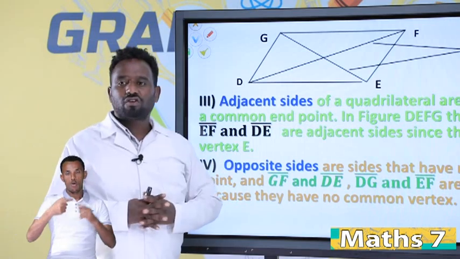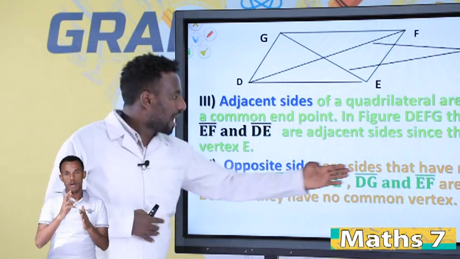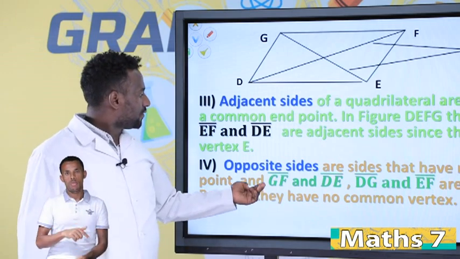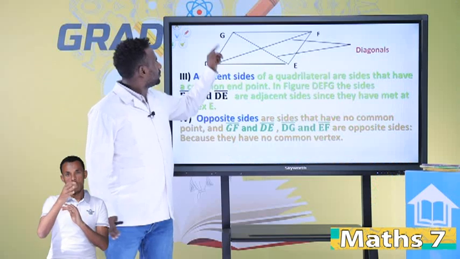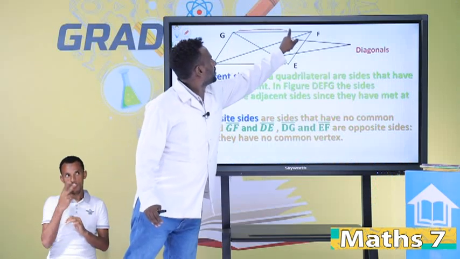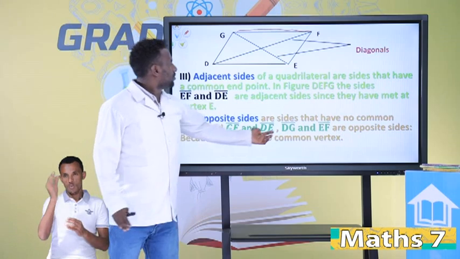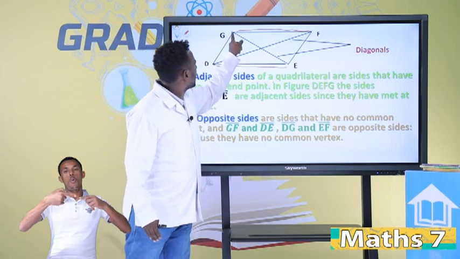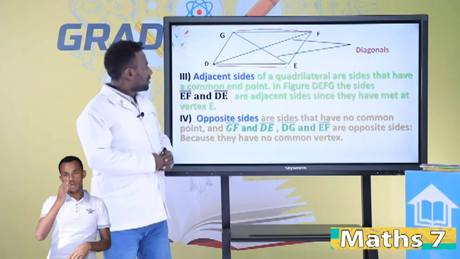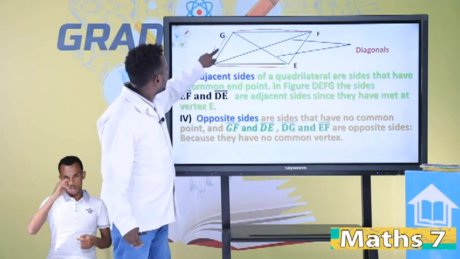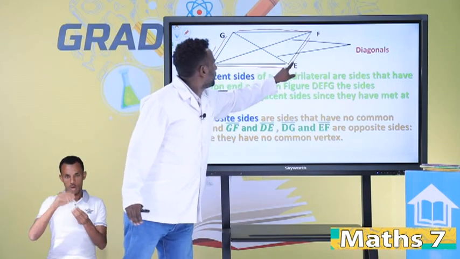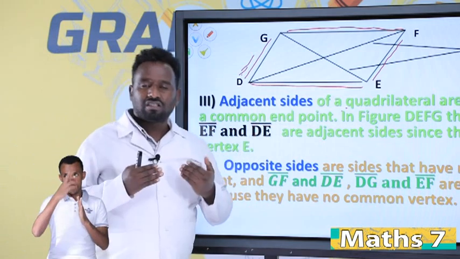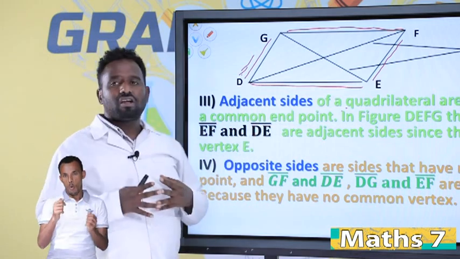Then opposite sides of the quadrilateral are sides that have no common endpoint. For example, line segment GF and DE are opposite sides. DG and EF are also opposite sides of the quadrilateral because they have no common endpoint.